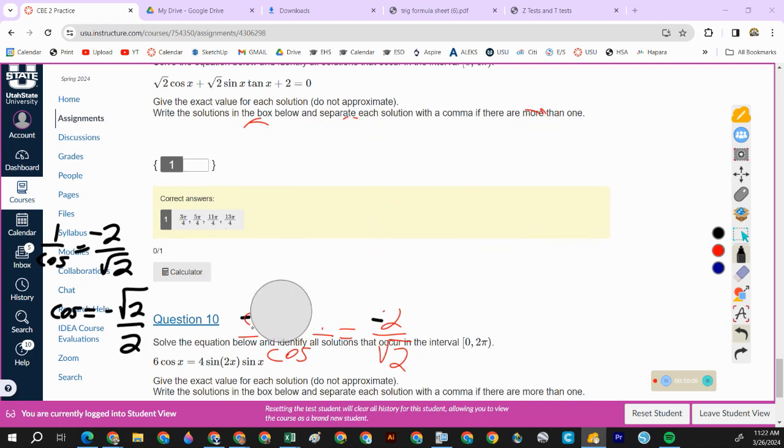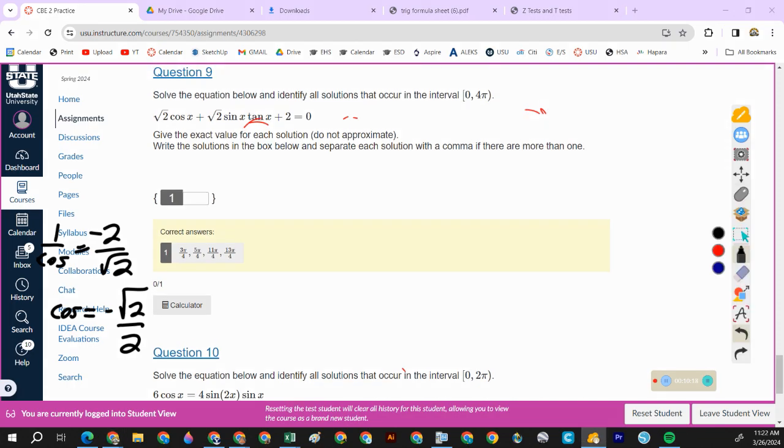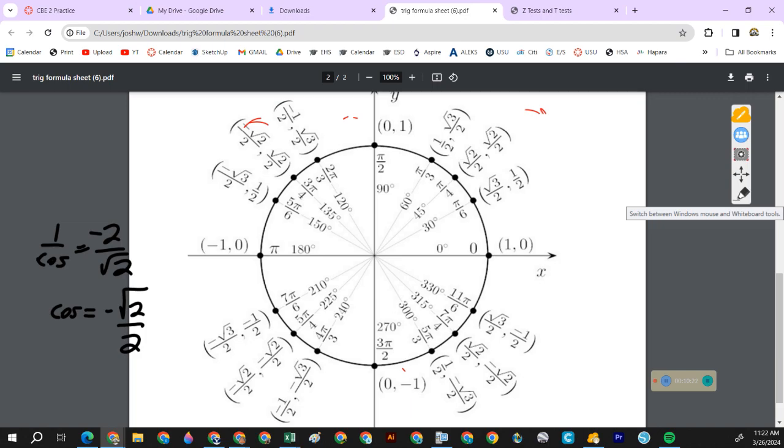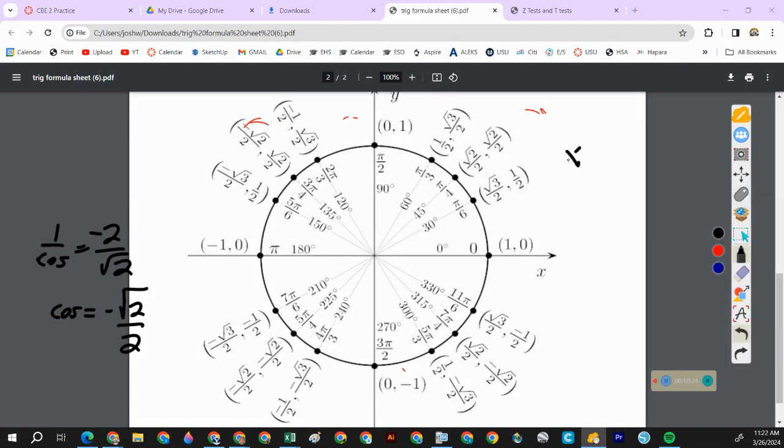Okay, now we pull up our unit circle. And we're looking, give the exact values of the solution. Oh, I can't see it. From 0 to 4 pi again. So unit circle, I want to know where is the x coordinate equal to negative root 2 over 2.